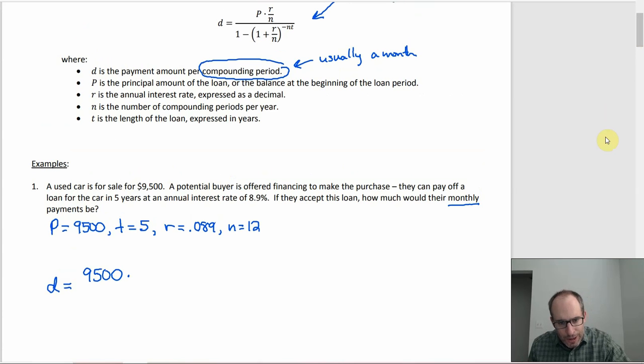And then this will be times 0.089 over 12. And then over 1 minus, and then this will be 1 plus 0.089 over 12 raised to the power of the negation of 12 times 5.